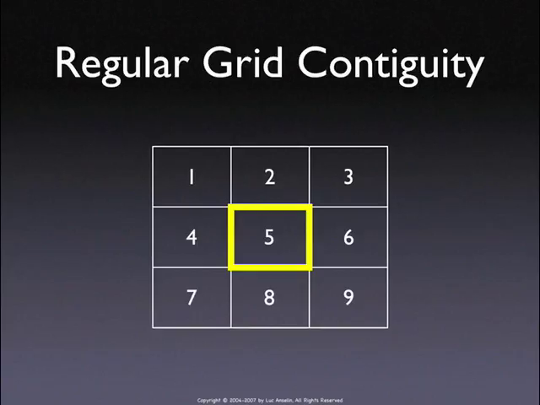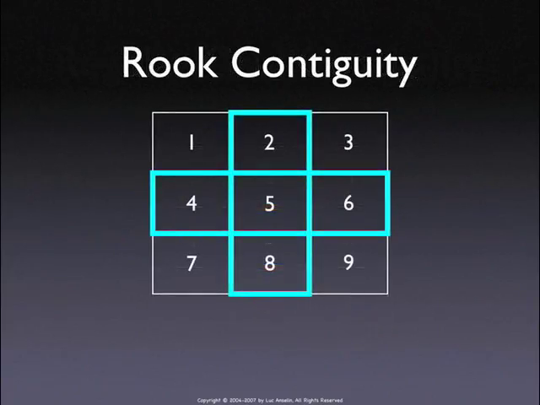And we start with the Rook one, which is the simplest one in the sense that it is the notion of a common border. So if we take that and we focus on the central cell number 5, the common borders are 2, 4, 6, and 8. They all have a common side.